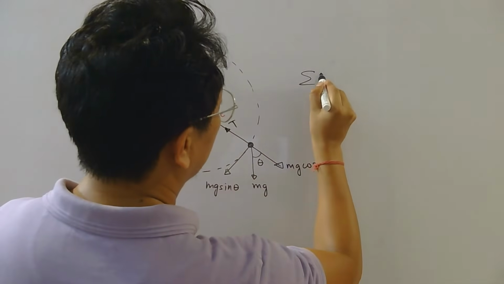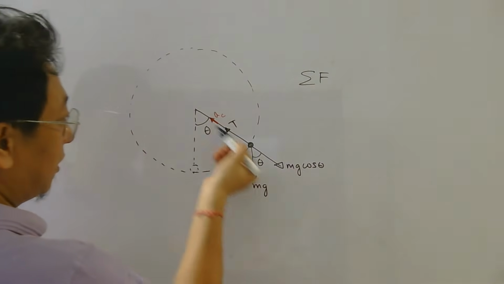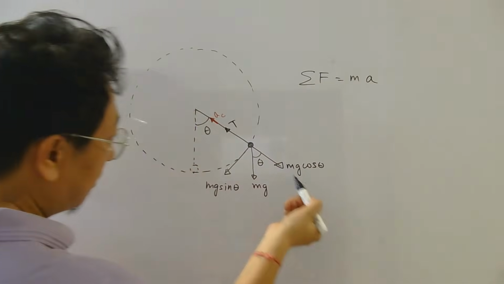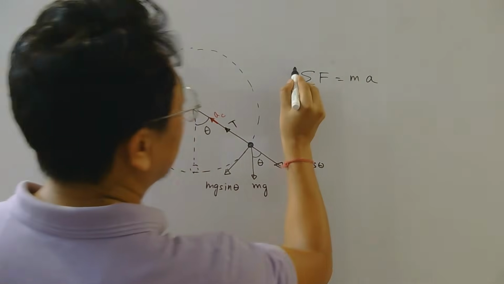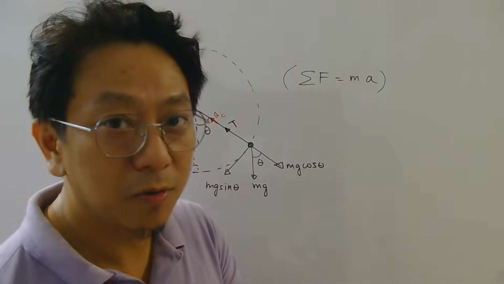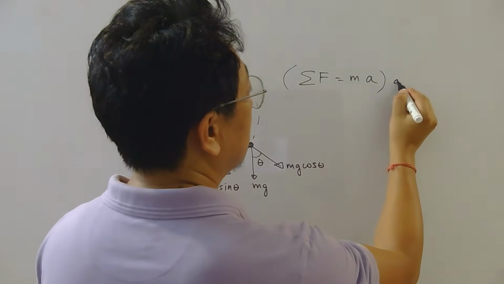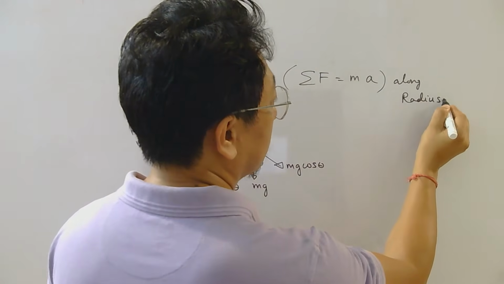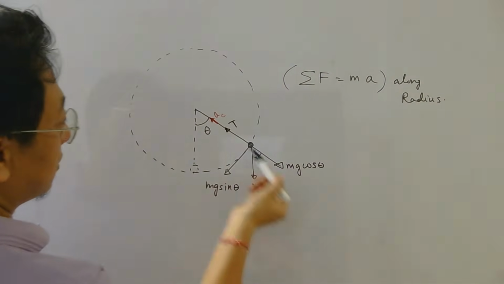from Newton's law, total force in this radial direction equals mass into acceleration in this radial direction. So remember, whenever you write Newton's law, we are writing it for one particular direction. So this is along the radius. So what is the total force this side?